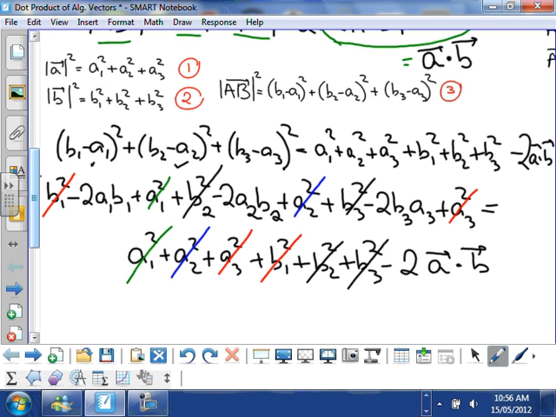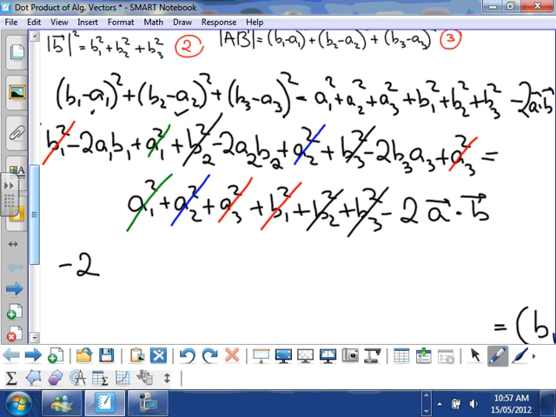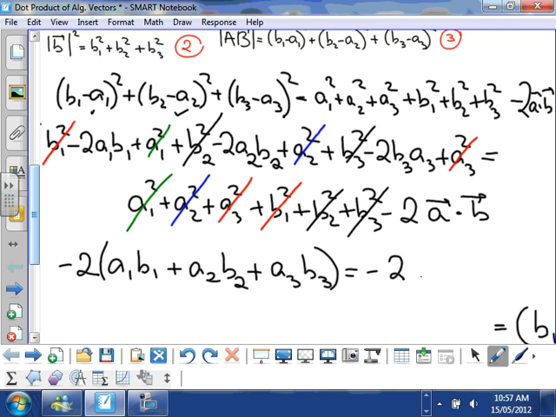From this ugly expression, the only things left are minus 2 common factor, and in a bracket I have a1 b1 plus a2 b2 plus a3 b3 equals negative 2, the dot product of a and b.